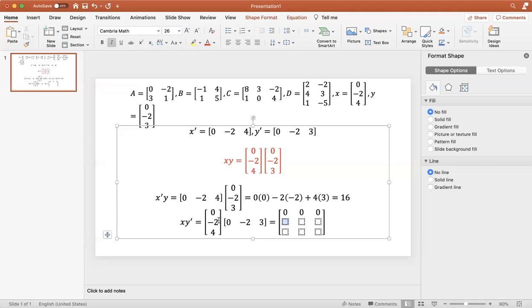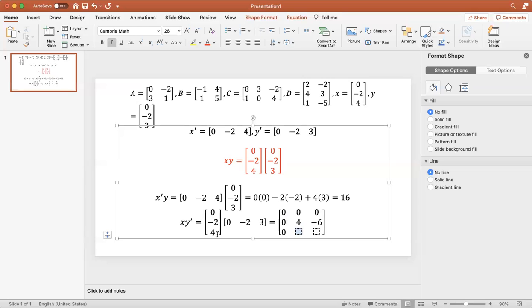For the second row, you have negative 2 times 0, which is 0. You have negative 2 times negative 2, which is positive 4. And negative 2 times 3 is negative 6. For the last row, which is 4, you multiply 4 times 0, which is 0.